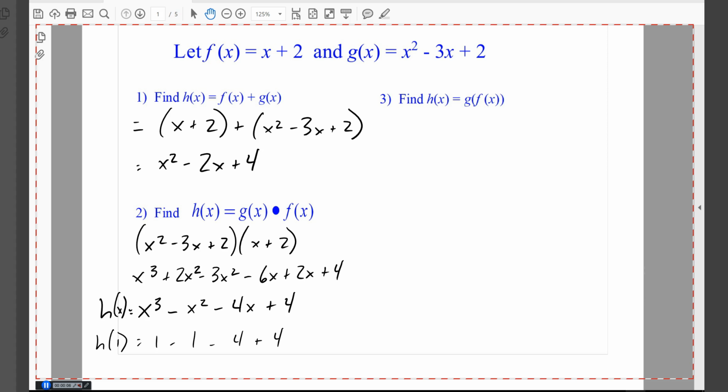A little bit more tricky one that takes a little more idea. With this one, in order to find h of x, which is my end result, I'm going to use the function f of x, this thing here, x plus 2, and the result of that function is what I'm going to plug in here, okay?